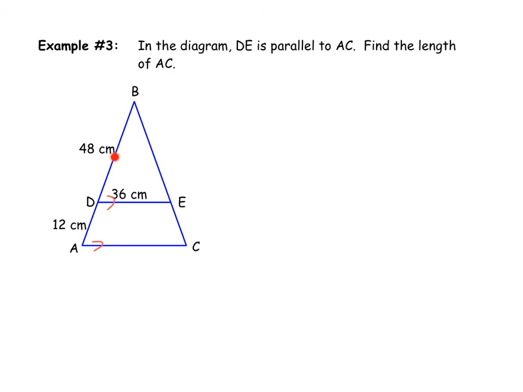Do you remember the parallel line theorem and how there's that F pattern there? So that tells me this angle here, angle D, is equal to angle A, and angle E is going to be equal to angle C. So that allows me to say that triangle ABC is therefore similar to triangle DBE.